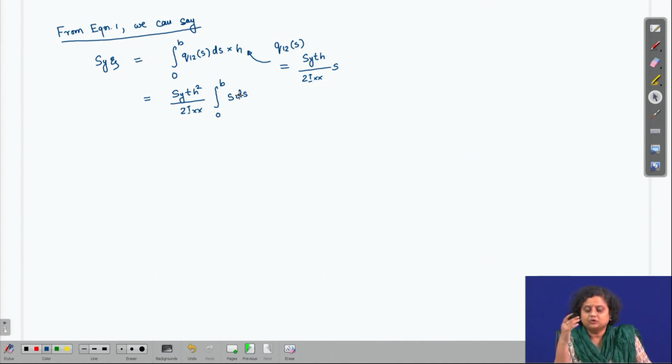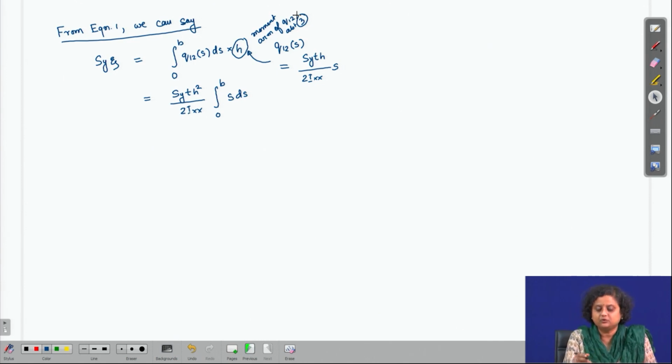This is because the moment arm of q12 about 3 is always h. So, the final expression that we get is this, and since q12 is between 0 to b, my limit is going to be from 0 to b.